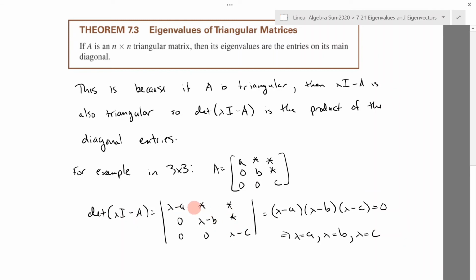This is still upper triangular, so when you calculate the determinant, it's just this times this times this, and solving for the eigenvalues, you just get back a, b, and c, which is exactly the same as the diagonal entries. So at least for triangular matrices, it's a simple matter of just reading off the diagonal entries to get the eigenvalues.